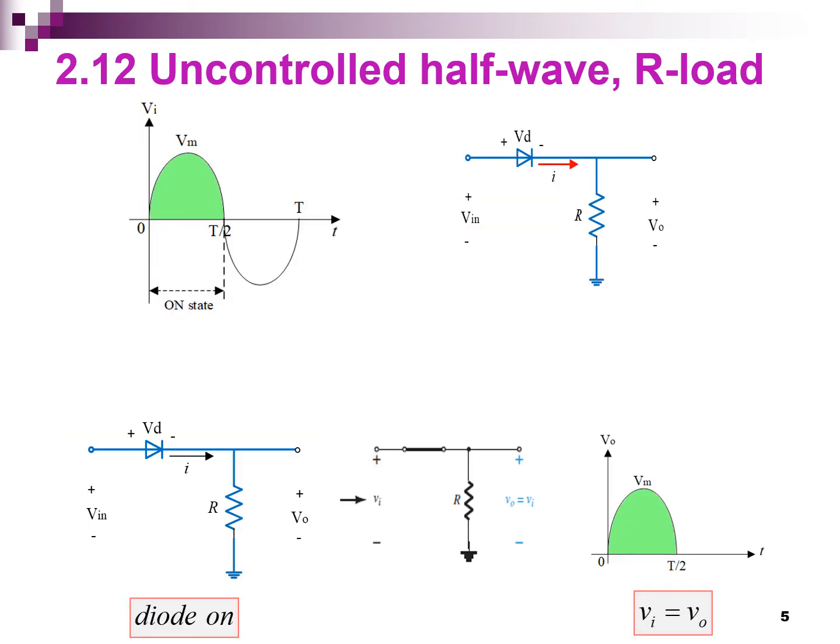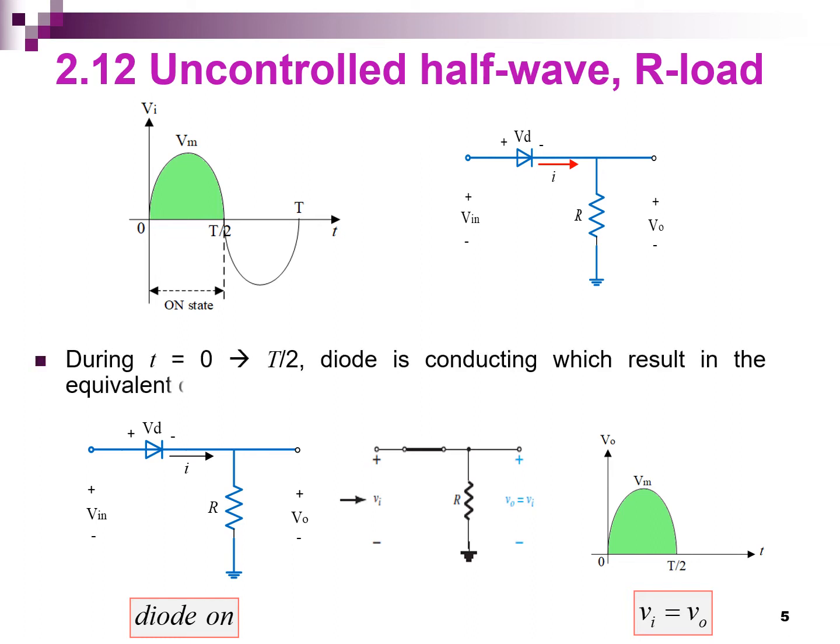Now let's look at how the uncontrolled half wave rectifier operates, starting with the positive half cycle. During t equal to 0 to T over 2, the diode is on and starts conducting, which results in the equivalent circuit here.